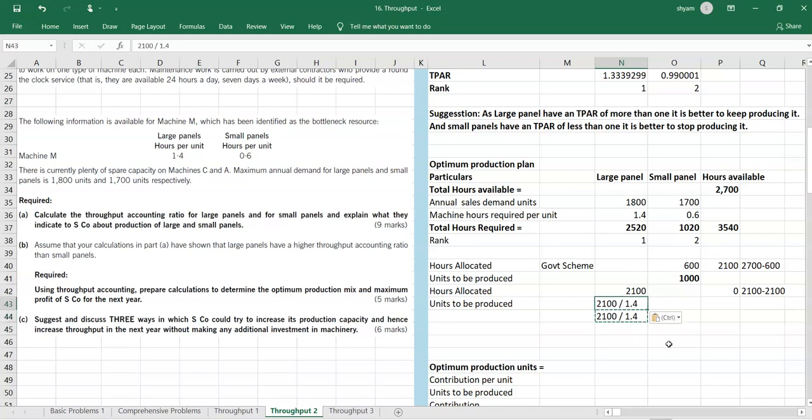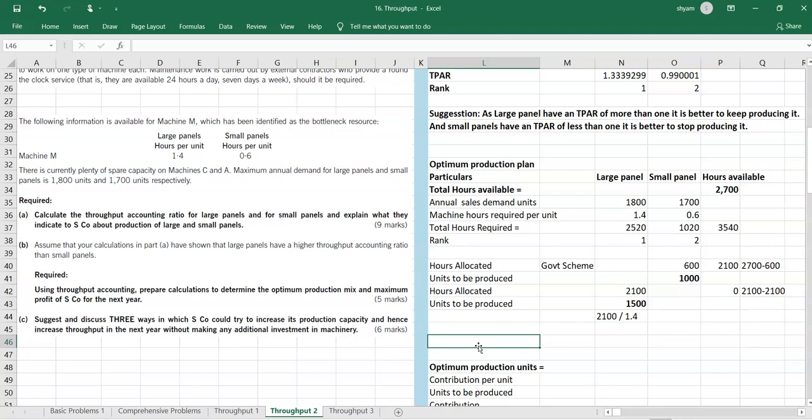So now you can find out the units. The units will be 1500 units we could produce. Okay, so the main numbers are these: 1500 of large panel and 1000 of small panel we have to produce.